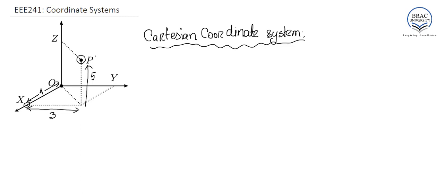So the coordinates of this point will be specified by (4, 3, 5). This is the standard notation you are all familiar with, I guess, right? This is how we specify the coordinates of a point starting from the origin in a Cartesian coordinate system.